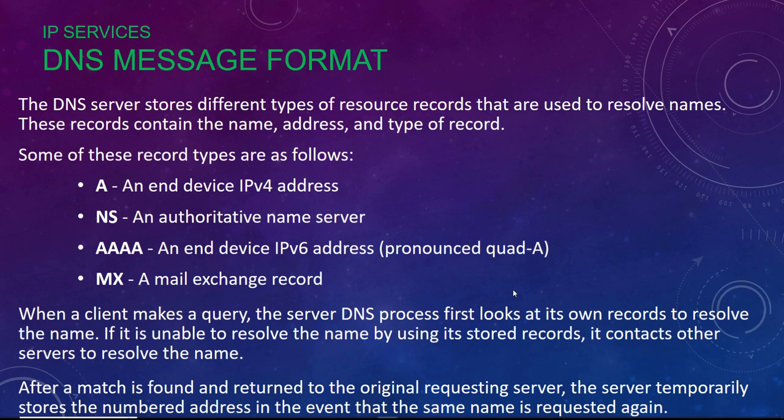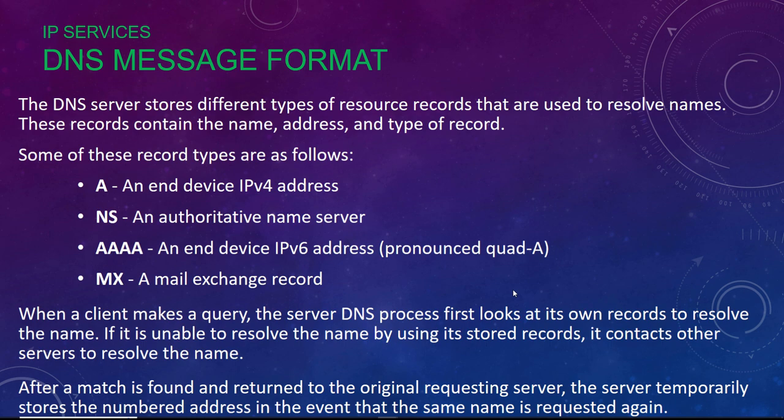So when a client makes a query, the DNS server first looks at its own records to resolve the name, and if it is unable to resolve the name using its stored records, it contacts other servers to resolve the name. After a match is found, it returns the answer to the original requesting server. So the server temporarily stores this numbered address in the event that the same name is requested again.